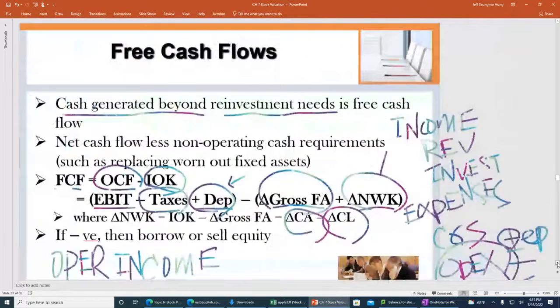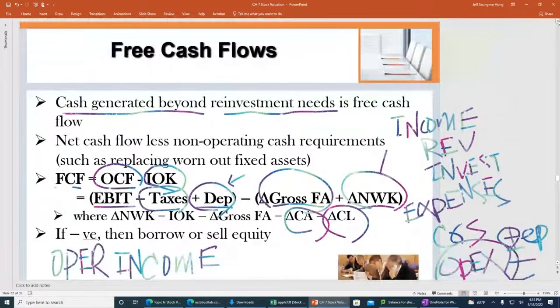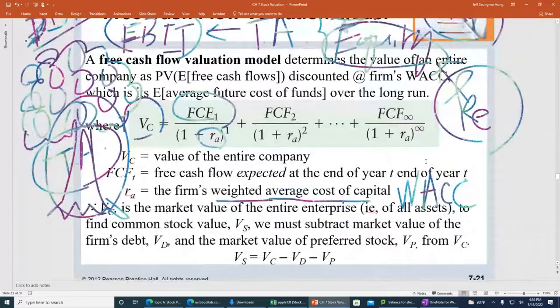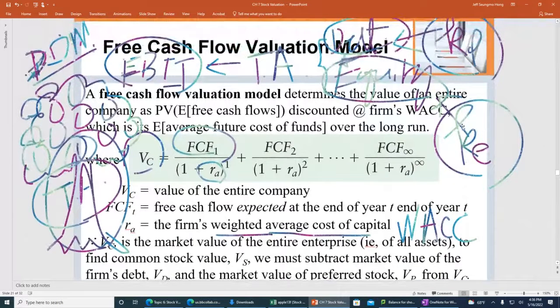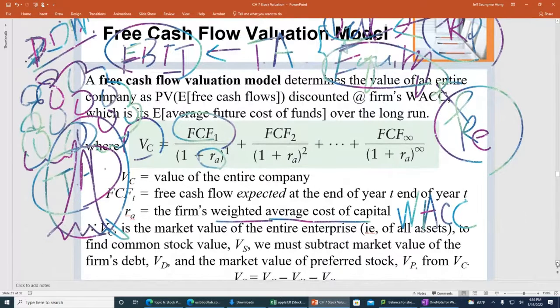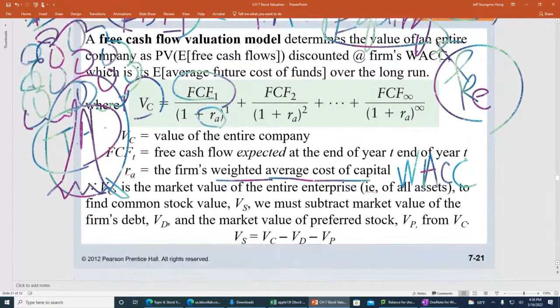So the proper way: you cannot just discount it with only the cost of debt or only the cost of equity. You'll have to use the weighted average cost of capital.